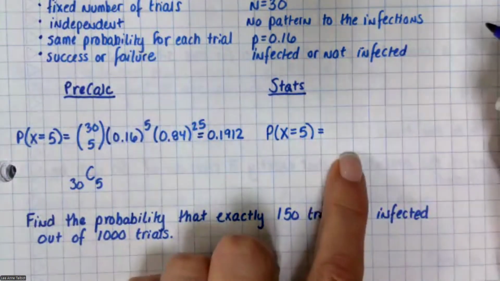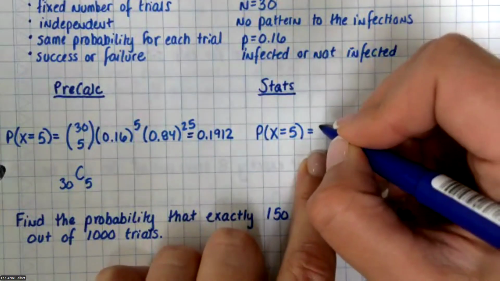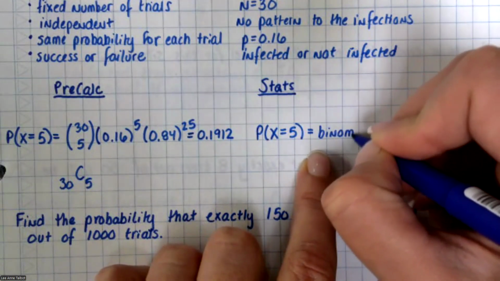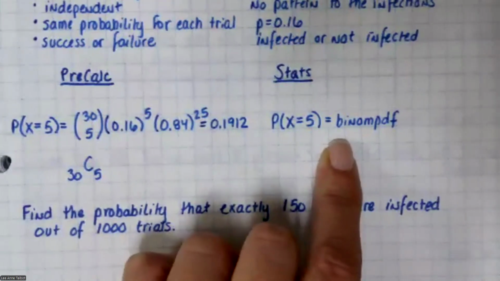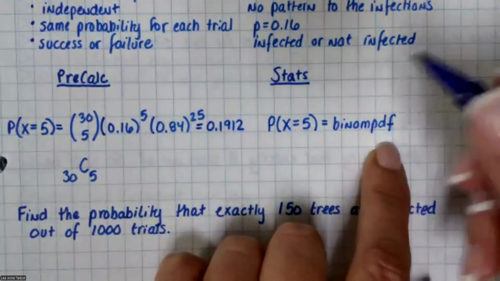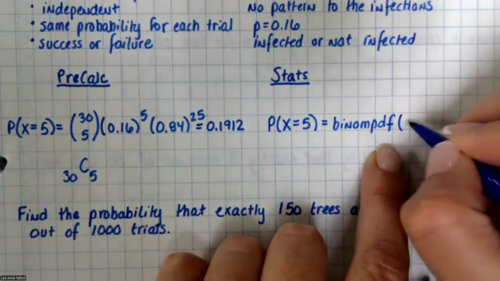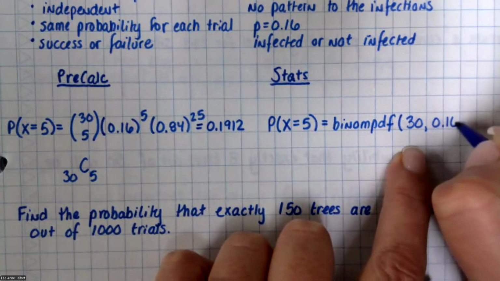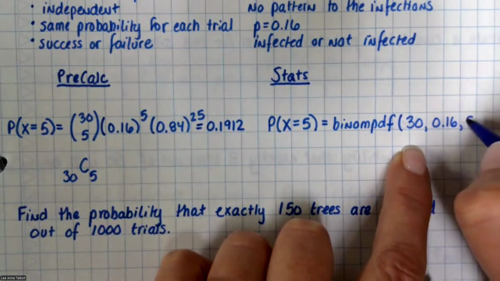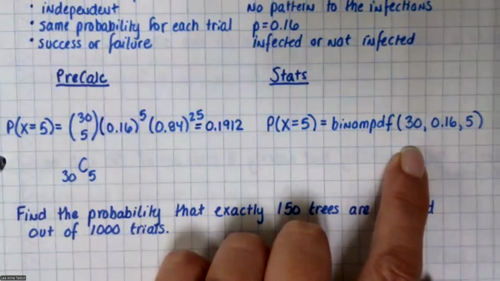This is binomial, so binomPDF, kind of like normalCDF, PDF. And then you're going to write 30, 0.16, 5.